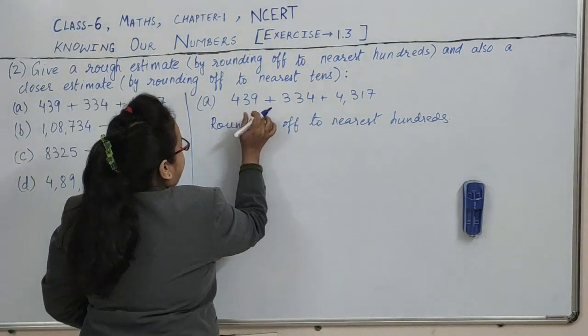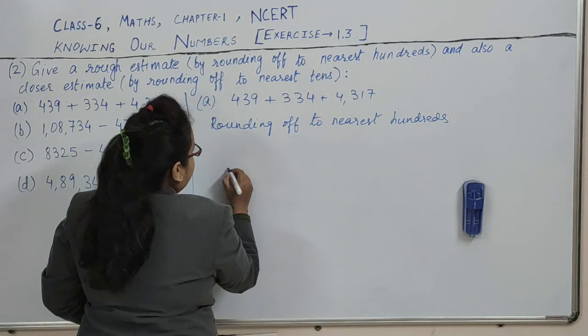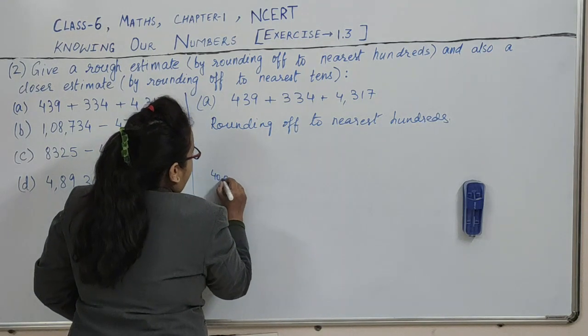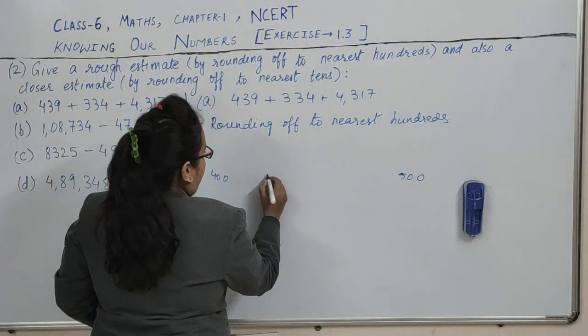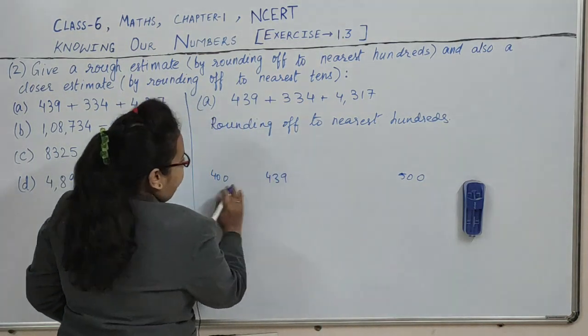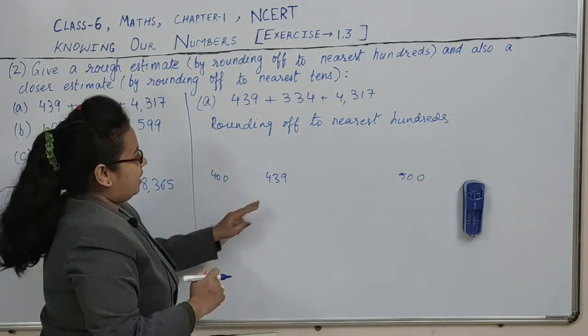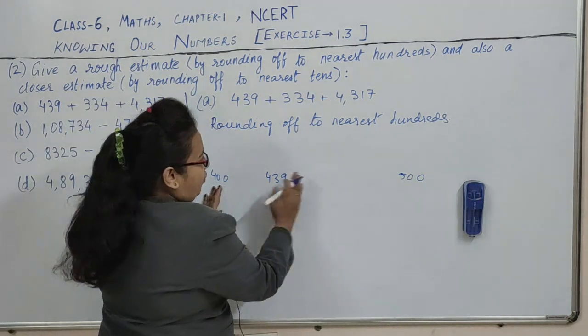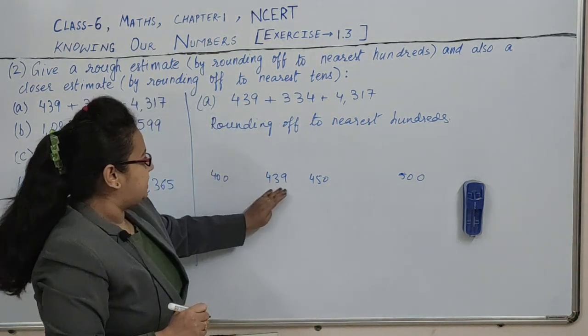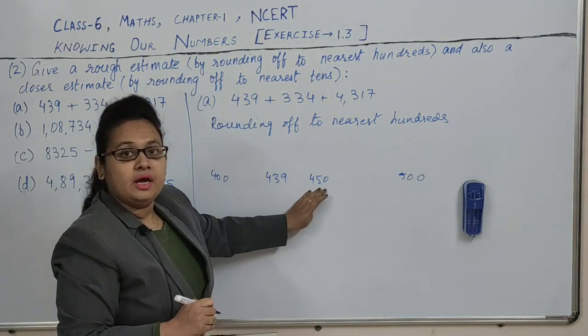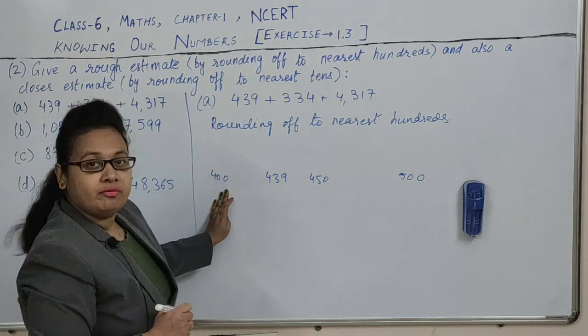Okay, so 439 lies between 400 and 500. But what is the middle number for 400 and 500? It is 450. And this 439 is less than 450 and it is closer to 400.